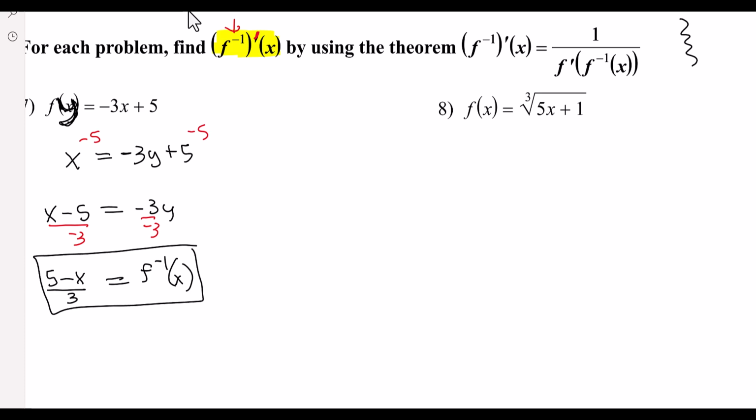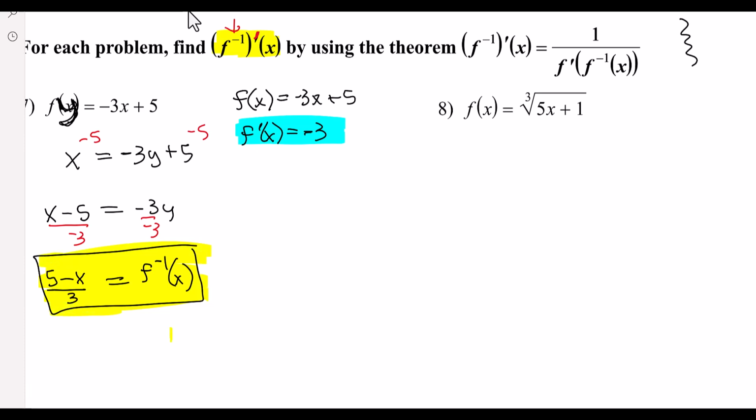Well, you also have to find the derivative of this function. So if the original function is this, the derivative of negative 3x to the first is just negative 3. Ooh, and for these, this is very, very key. So there's our derivative. Well, here is our inverse.